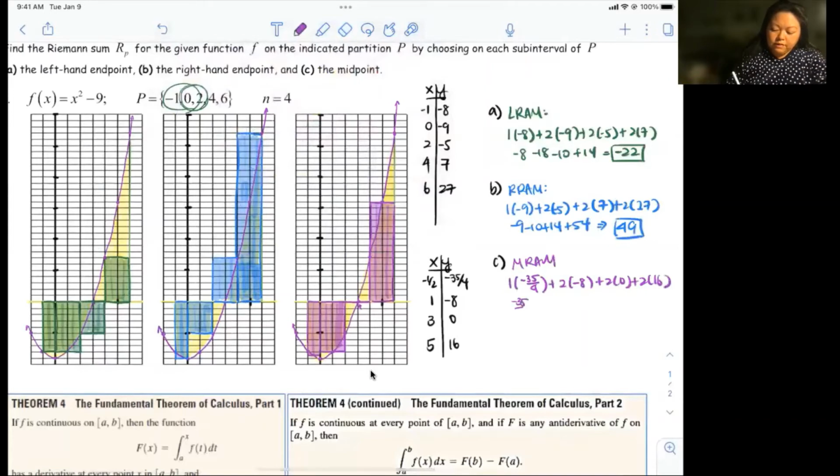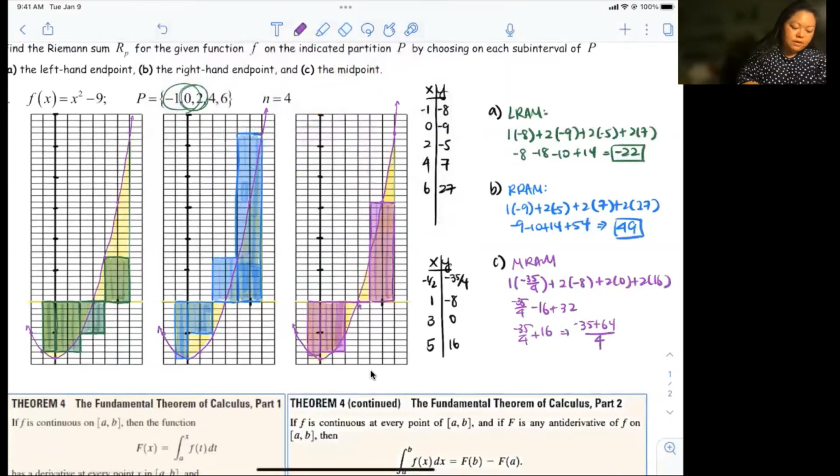So -35 over 4 minus 16 plus 0 plus 32. So that's really 32 minus 16, that gives me 16. So -35 over 4 plus 16. That's -35 plus 64 over 4. 64 minus 35 gives me 29 over 4. I think this is a much better estimation.